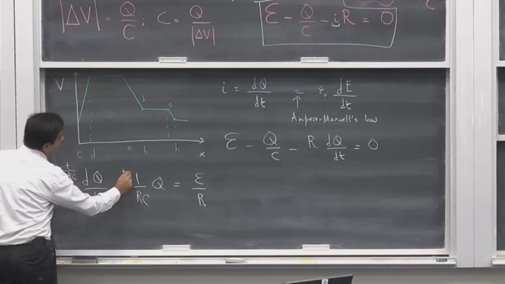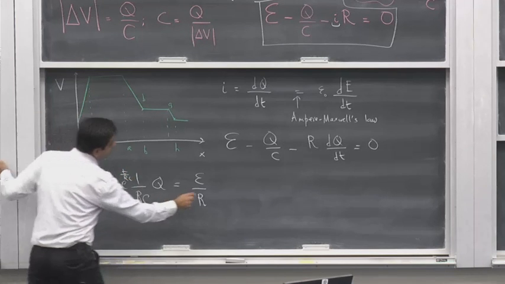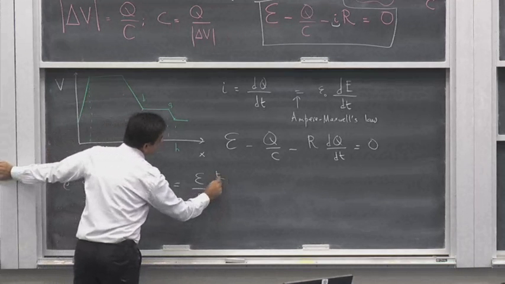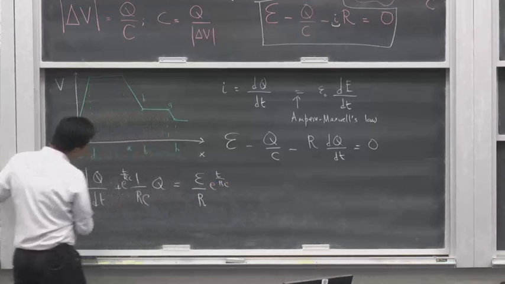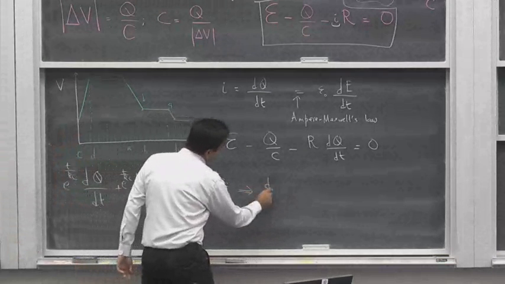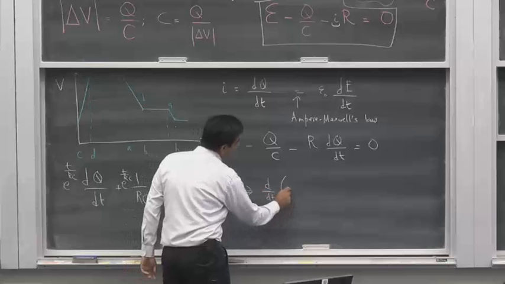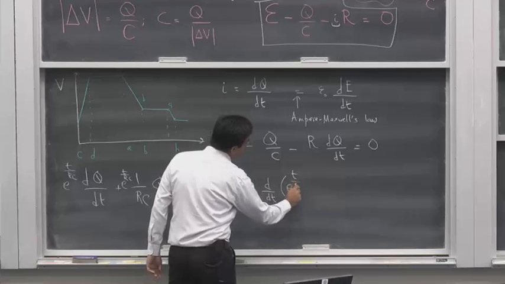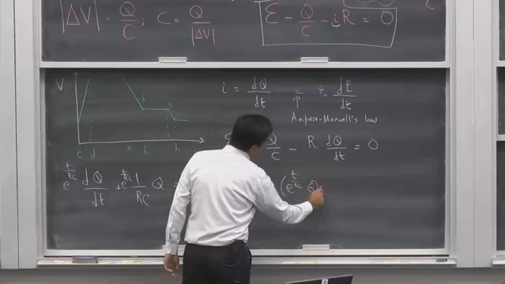Then I realize that the left hand side is just the derivative of e^(t/RC) times q, which is a function of time.